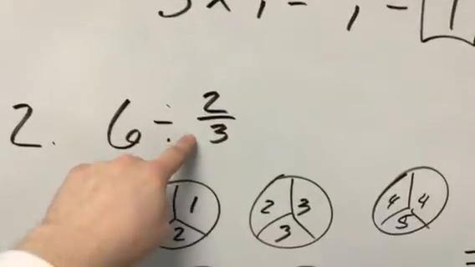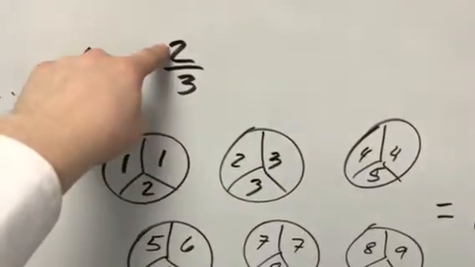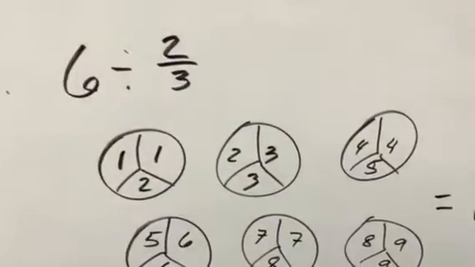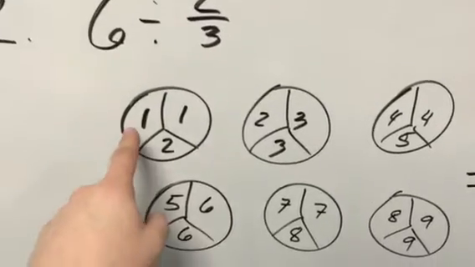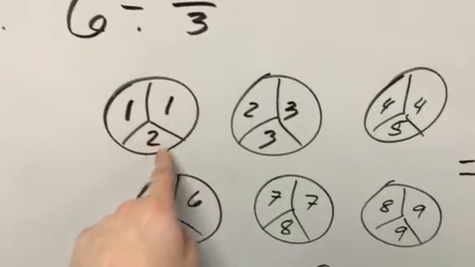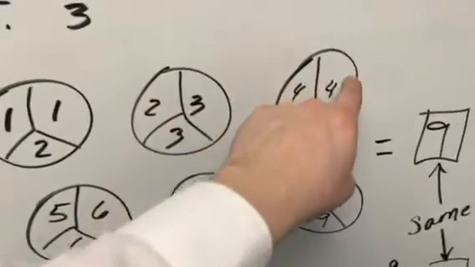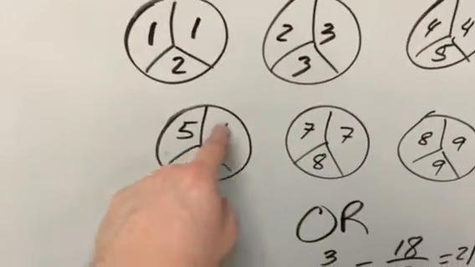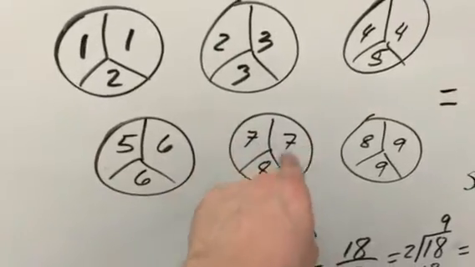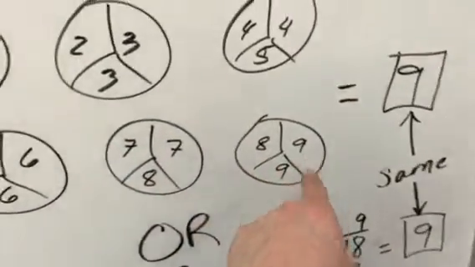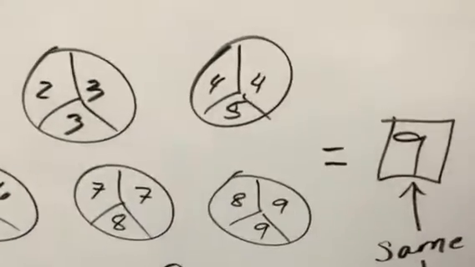So I break it up into thirds, but this time I'm counting 2/3. So every 2/3 counted as 1. So here's 1, here's 2, those are 3, 4, 5, 6, 7, 8, and 9. So once again, I got an answer of 9.